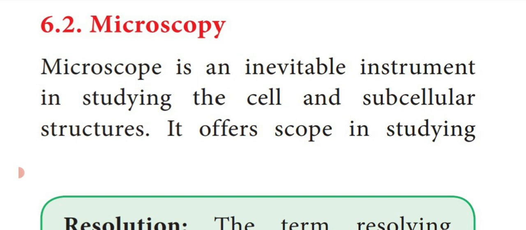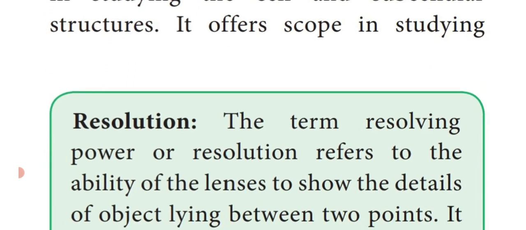With the help of the eye lens only, we can see the object placed under the microscope. The compound microscope was invented by Isaac Lanson. Isaac Lanson is an important question.